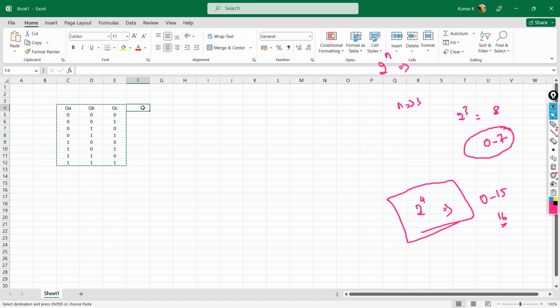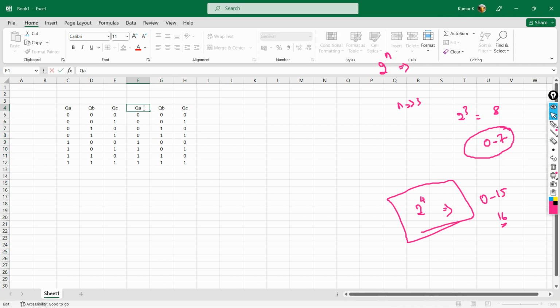This is your current state. Now this is going to be your next state, for example, QA plus 1.